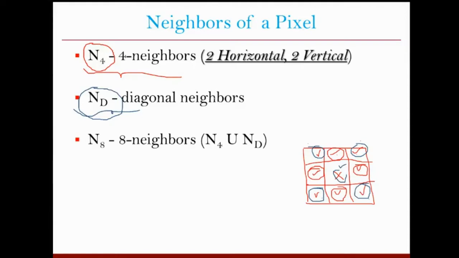Okay. And if we extend our definition further and define the n8 neighbors, then it includes all the possible neighbors surrounding the given pixel. So in case of n8, all the pixels that are here are part of n8 neighbors.